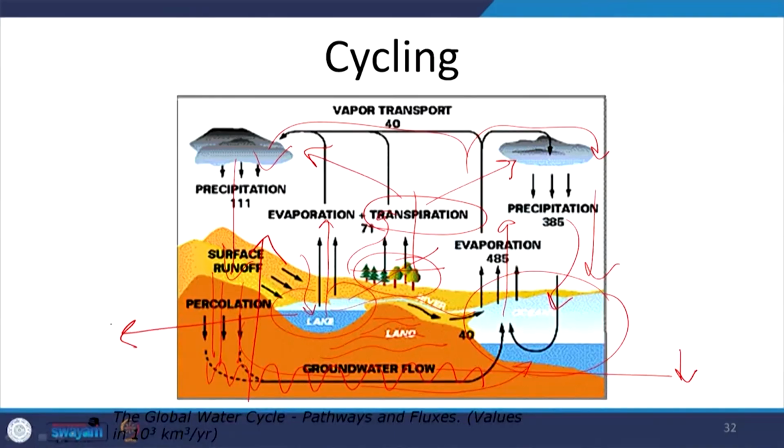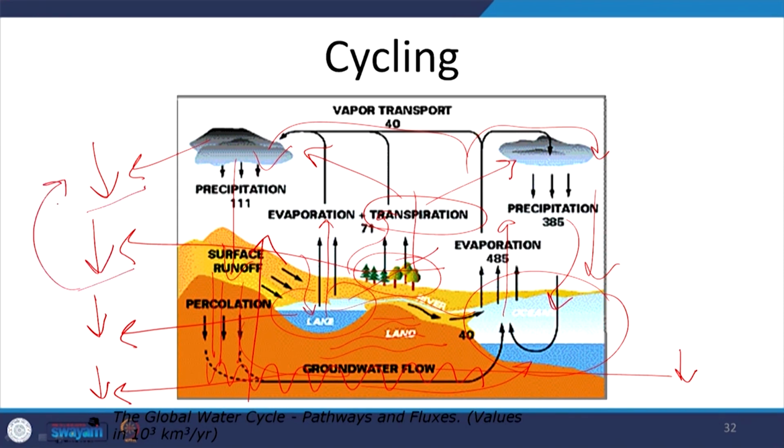So, we have less of potable water available in surface aquifers, we have less of groundwater available in underground water. We have less of precipitation, which is further leading to several other interconnected problems. We have less of vegetation, less of precipitation supports lesser vegetation and vice versa.